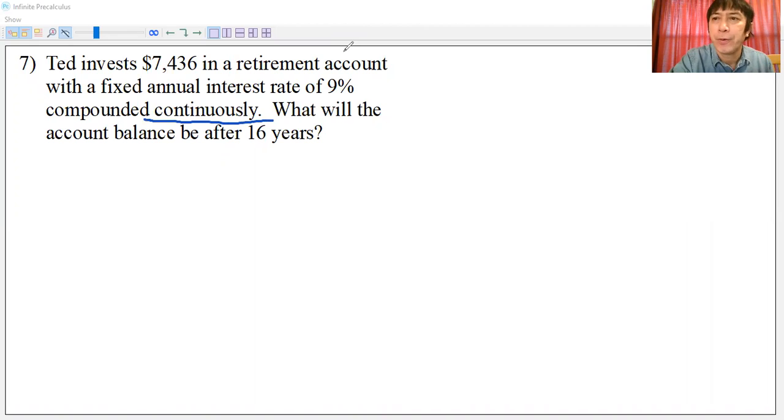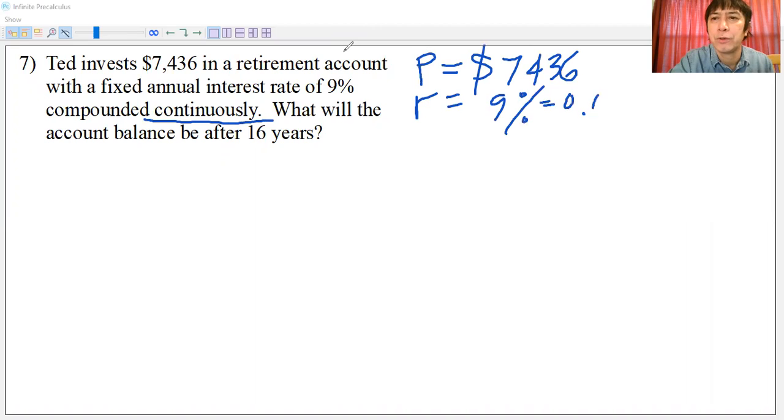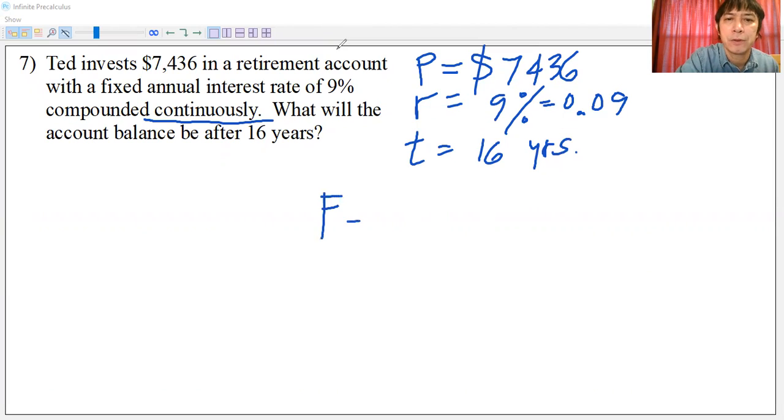The given is P, that's 7,436, and the interest rate is 9%, 0.09, compounded continuously. Time is 16 years. So we have the formula F is equal to P times E raised to the power RT.